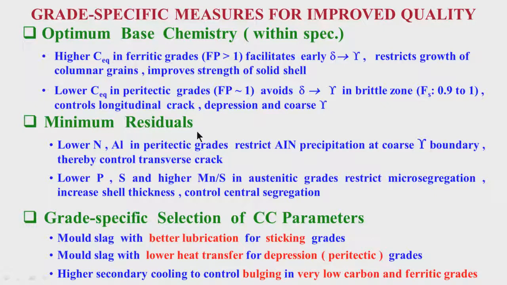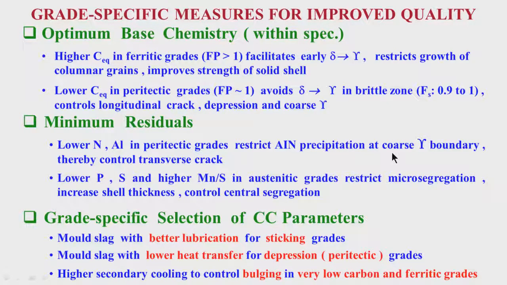Minimum residuals of course is required for all grades, but for certain grades it is more pertinent. Which are the grades? In peritectic grades you should have lower nitrogen or aluminum to avoid formation of aluminum nitride or micro nitrides of microalloying elements like niobium nitride or vanadium nitride at the coarse austenite grain boundaries. I have told you, this happens in peritectic grades because of surface roughness.